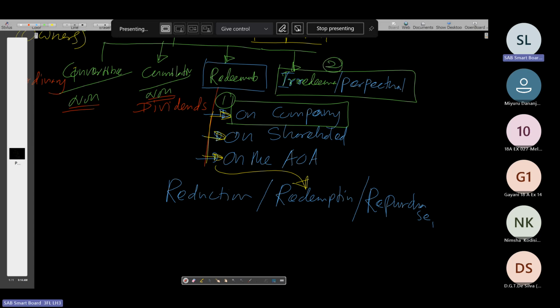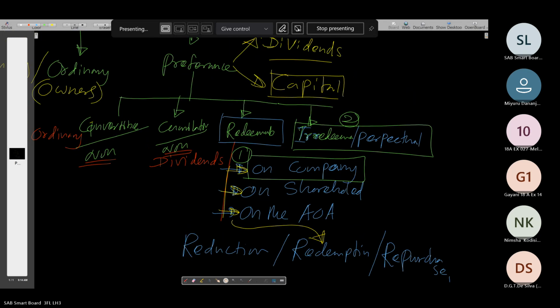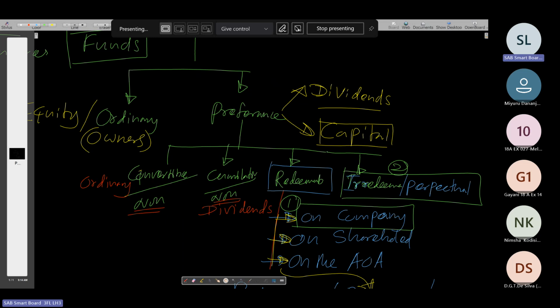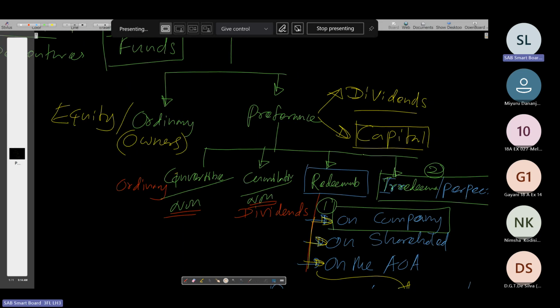And here, ordinary shares, equity shares. Number three is repurchase or buyback of ordinary shares of the company.